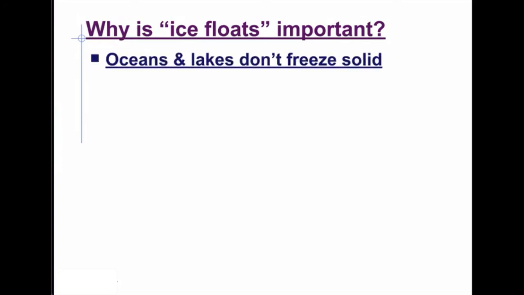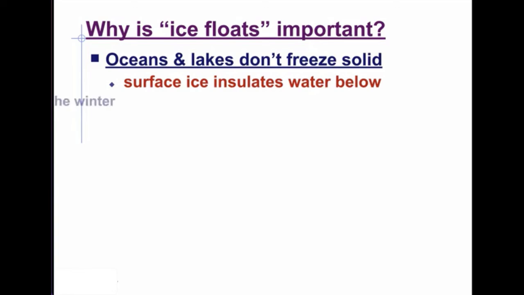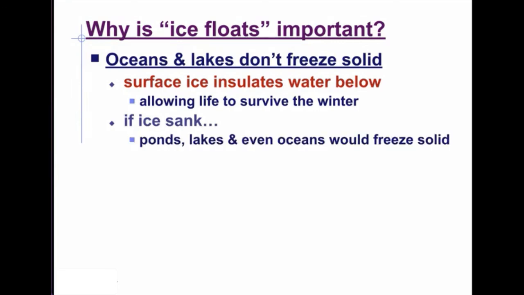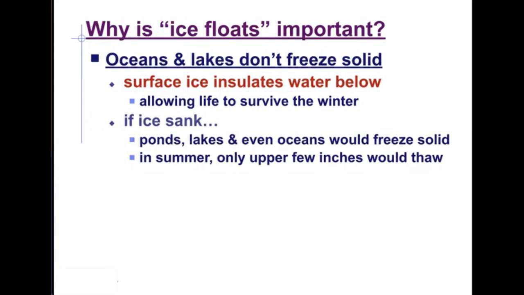Why is it important that ice floats? Well, oceans and lakes don't freeze solid, and surface ice actually insulates the water below, and as a result, it allows life to survive in the winter. If ice sank, then ponds, lakes, and even oceans would freeze solid, and in the summer, only the upper few inches would thaw.